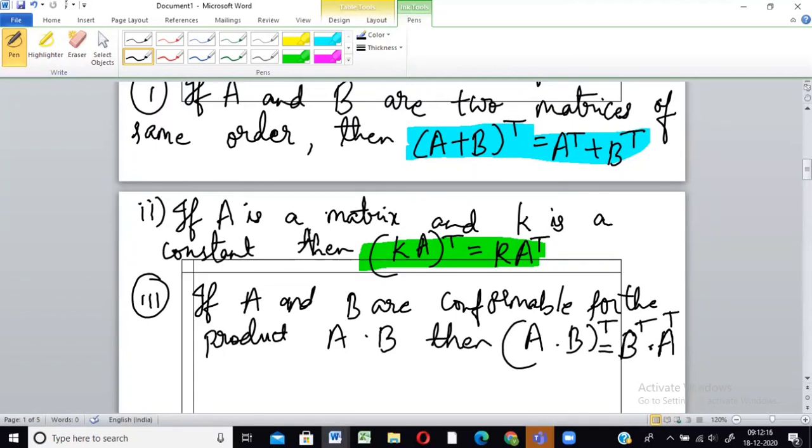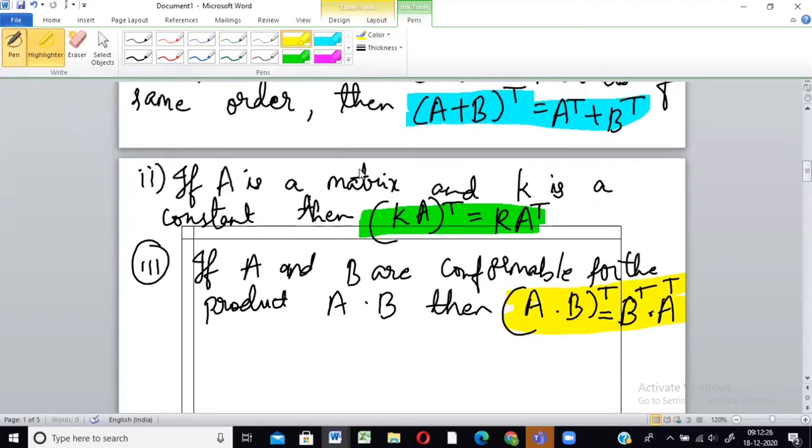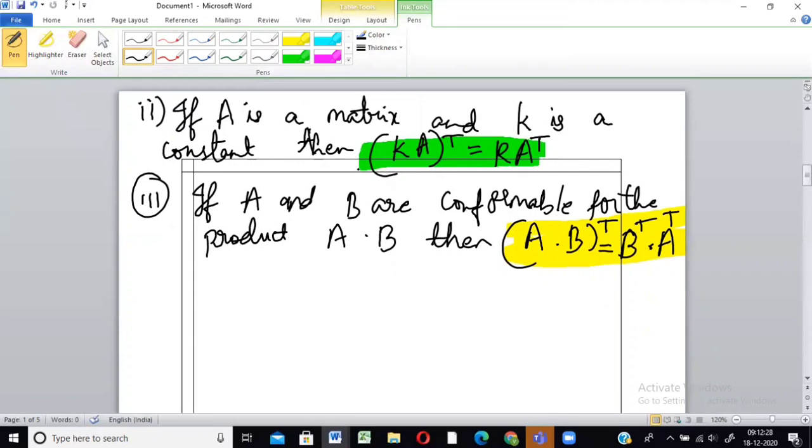If A and B are conformable for the product, that means you cannot multiply any matrices like that. For multiplying two matrices, you have to see if the two matrices are eligible for undergoing the process of multiplication. Suppose A is 3 cross 2 and B is 3 cross 3.